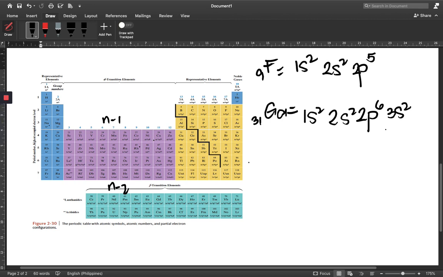And then after 3s2, you go here. This is 3p6, because you have to travel all the way through the 3p block. After the 3p6, then you get 4s2.